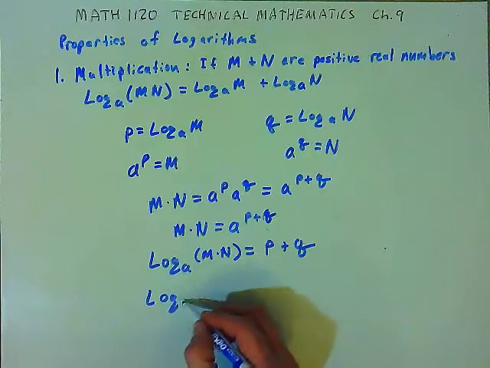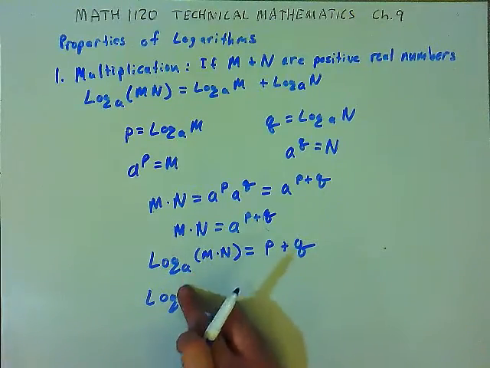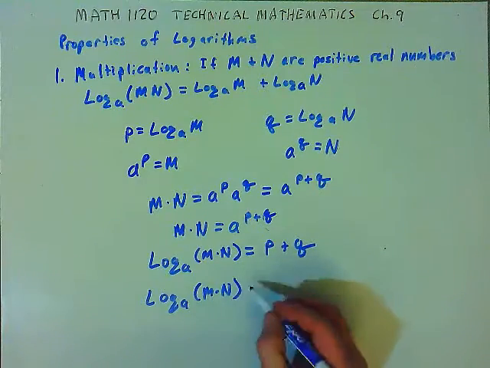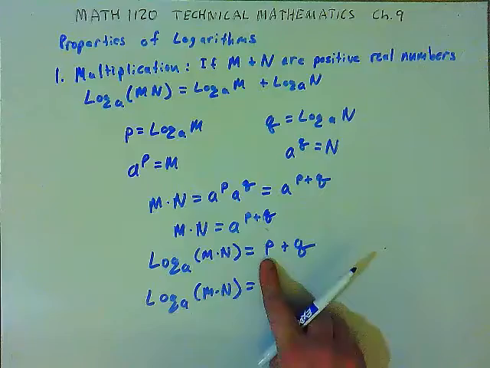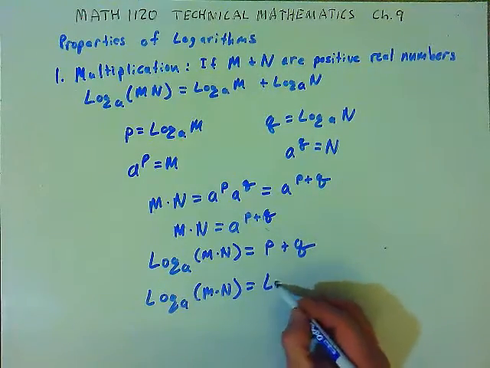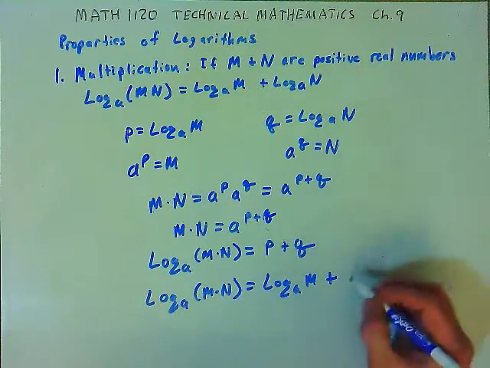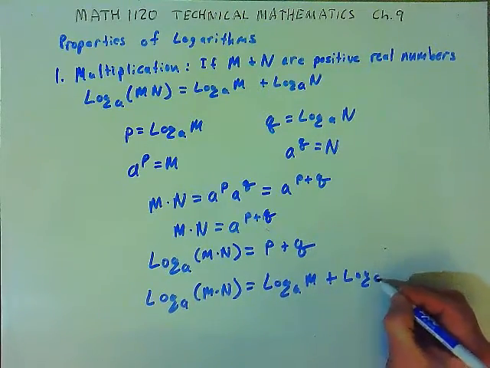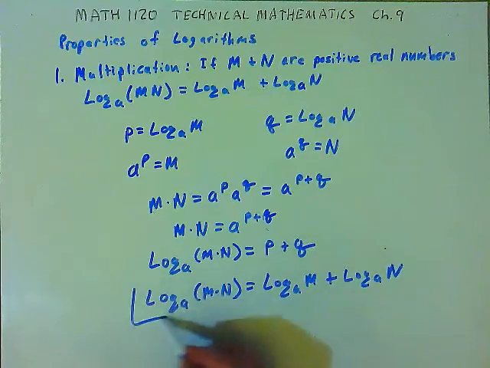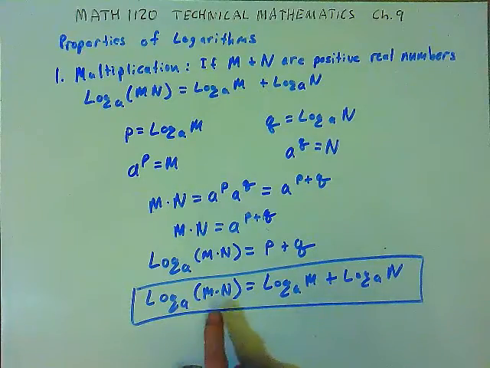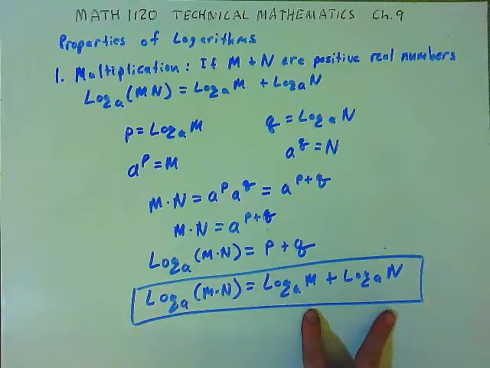So the log base a of m times n is the sum of p plus q. Well, p was log base a of m plus q was the log base a of n. And so this is a proof of the multiplication property of logarithms. And again, it says that if we take the log of a product, we can rewrite that as the sum of the logarithm of the factors.